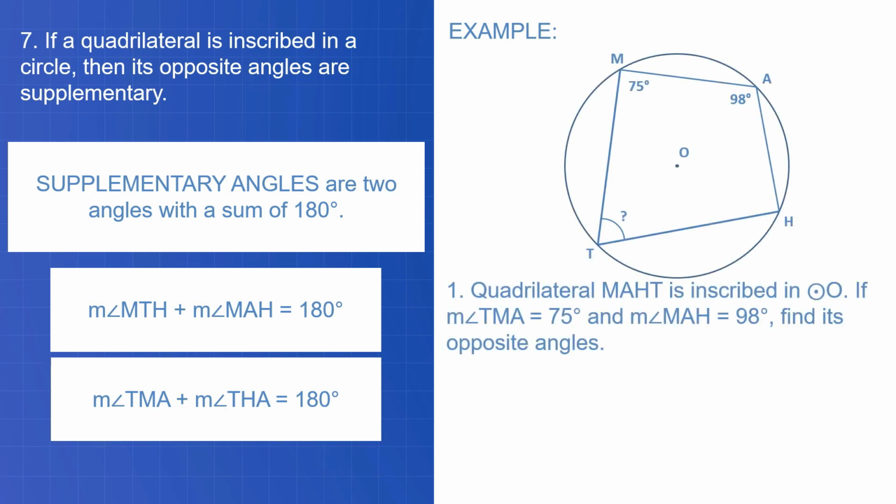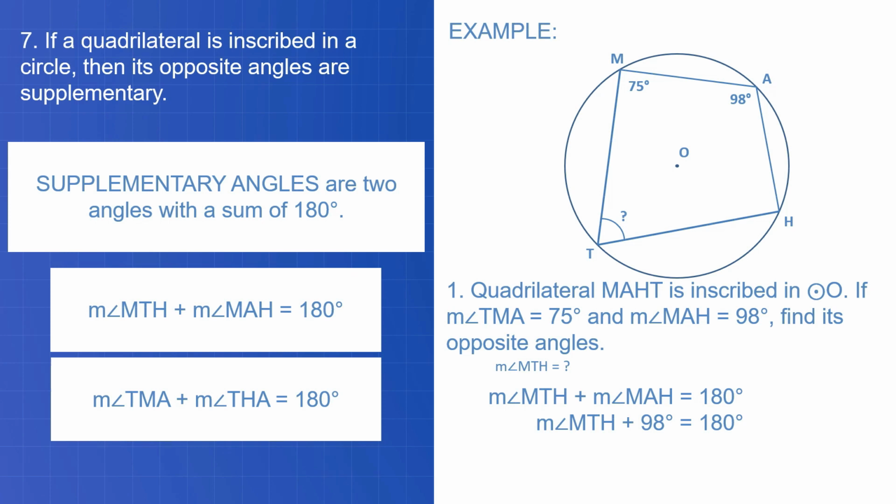Next, find the measure of angle MTH. Since the measure of angle MAH is the opposite of the measure of angle MTH, the measure of angle MTH plus the measure of angle MAH is equal to 180 degrees. Substitute the value of the angle MAH.